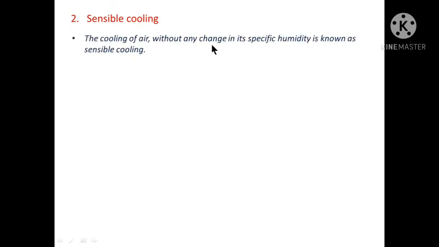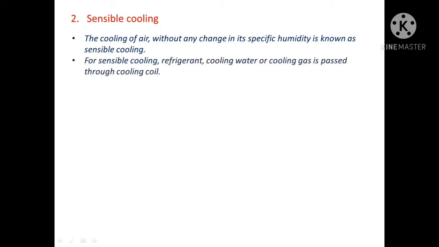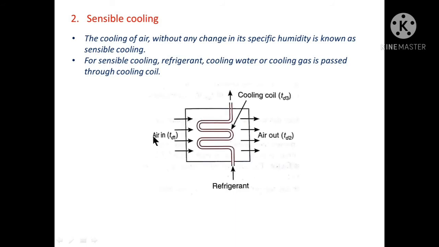Now we can see sensible cooling. Cooling of air without any change in specific humidity is known as sensible cooling. In the sensible cooling process, the dry bulb temperature is reduced at a constant specific humidity. For sensible cooling, refrigerant, cooling water or cooling gas is passed through the cooling coil.